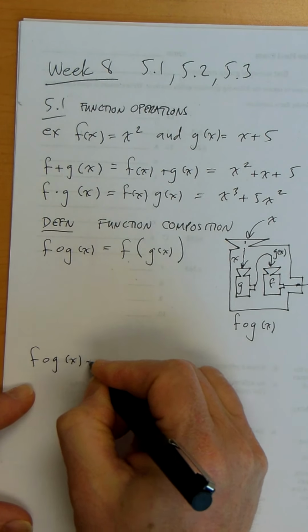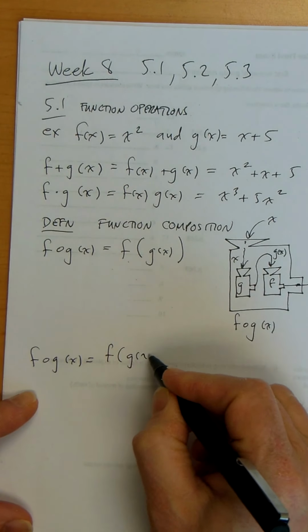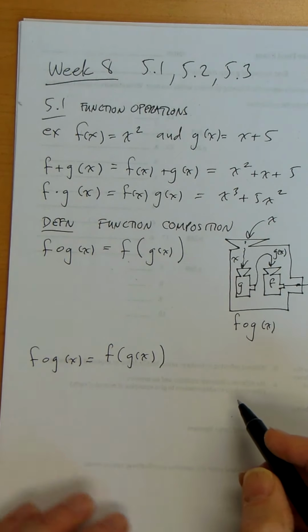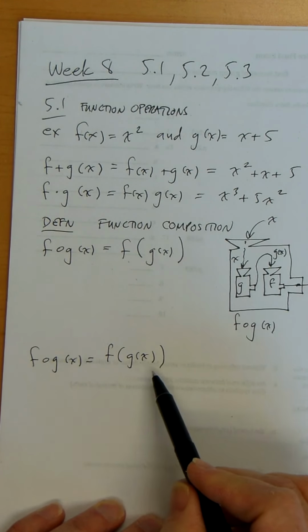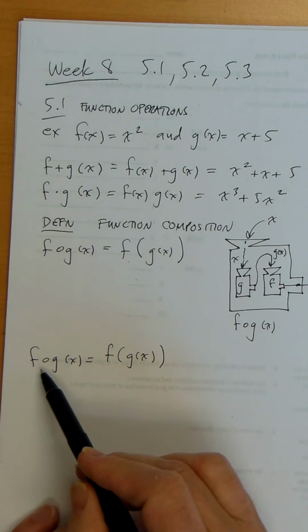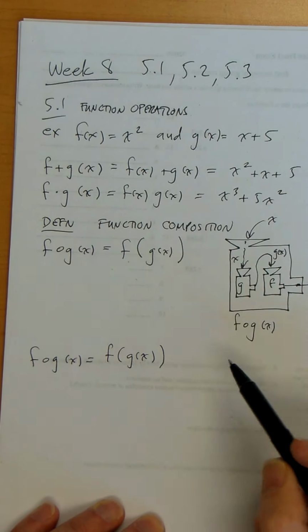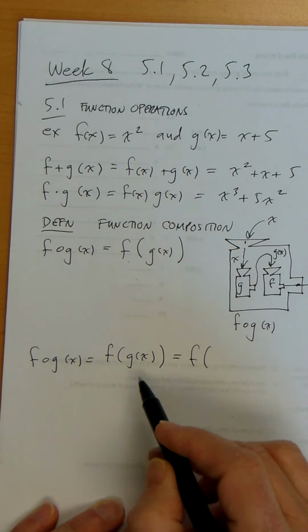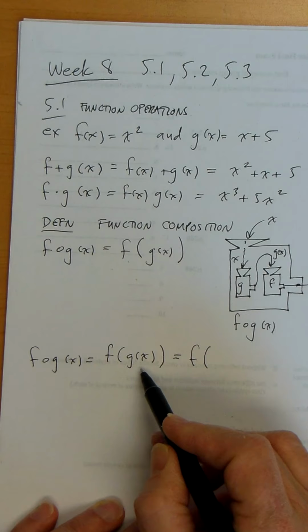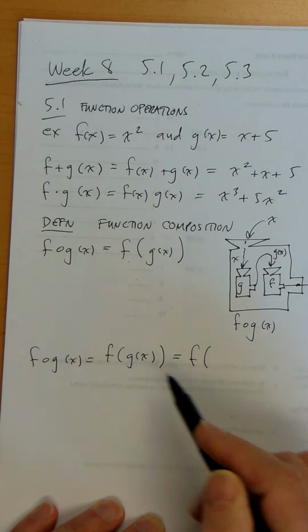Okay, so in the specific example, x squared and x plus 5, for f composed with g of x, if you want a function formula, just apply the definition step. That's really good advice throughout different types of problems with compositions: write that definition step, change it from the composition operator to f of g of x. And then the next good piece of advice is think about the inside function first, because that's the first one that happens. So first ask yourself, what's g of x?